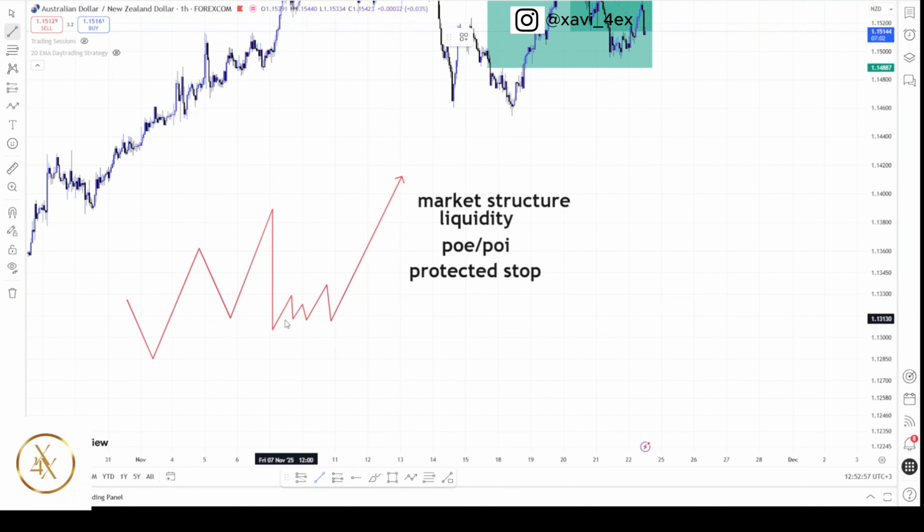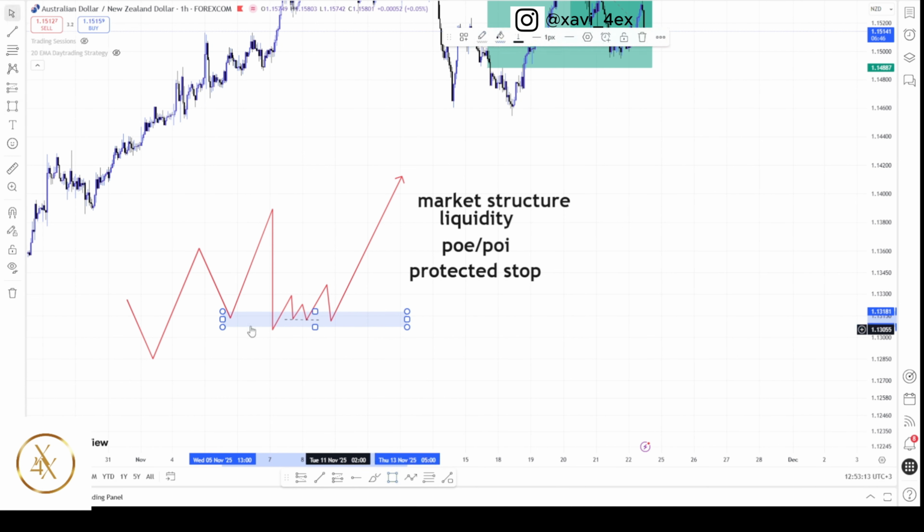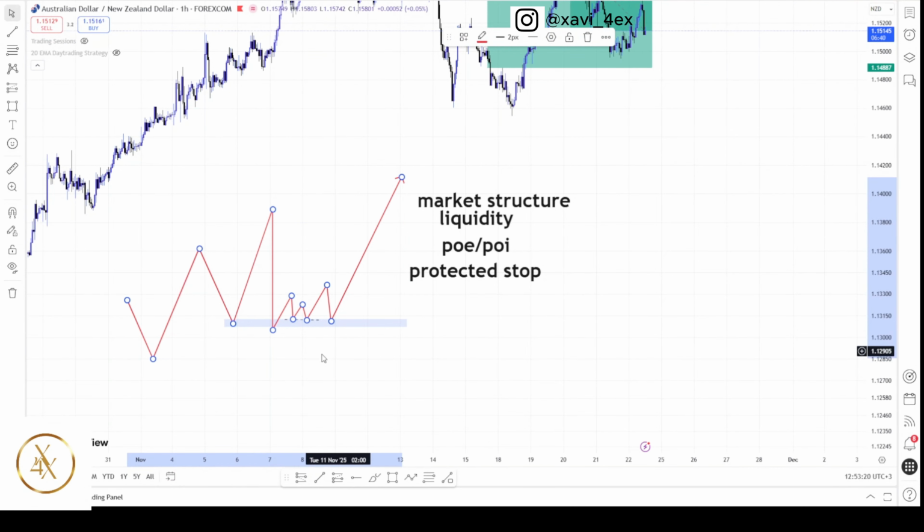So usually I have this as my liquidity around here. This would be my liquidity. Then I'd have my POI, our point of entry around these levels here. It's usually below liquidity. Of course, this is a mere representation. It can't be perfect.